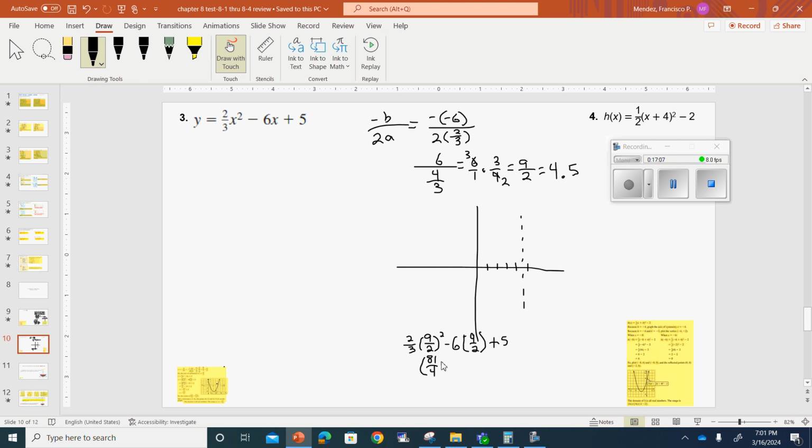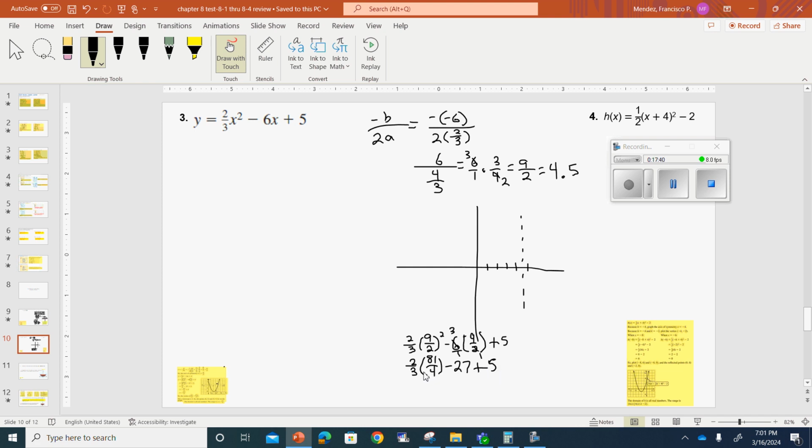And then we're going to multiply this by 2/3. A negative times a positive makes a negative. And let's see, I could take the 6 and put it over 1, and then reduce 6 and 2. 2 divided by 2 is 1. 6 divided by 2 is 3. Now I just have 3 times 9, and that's 27. And then we add the 5.